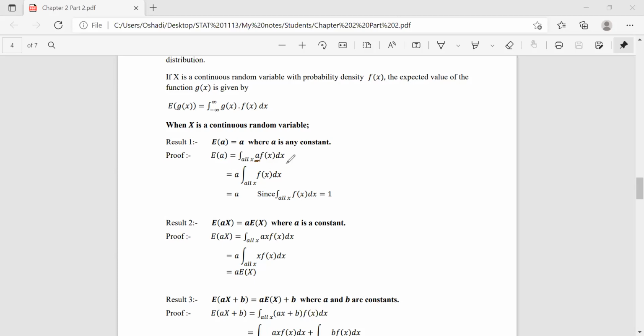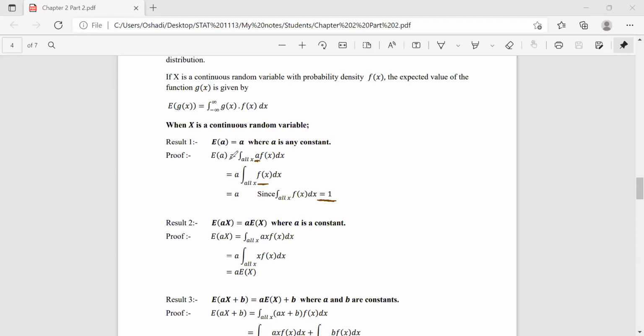Then a into fx dx. We can get a out since it is a constant. So for all x, that means from minus infinity to plus infinity, the fx dx is equals to 1. Therefore, the expected value of a constant is a constant itself in the continuous case as well.